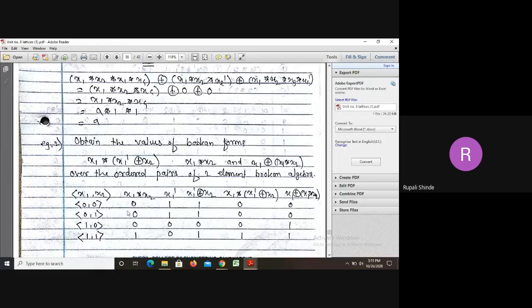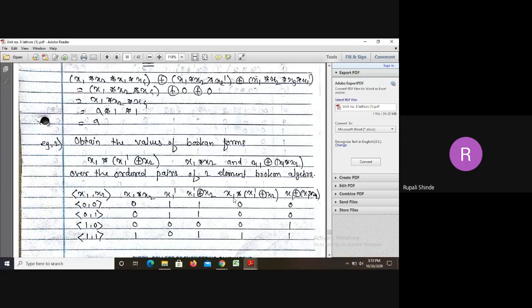Means what? If both the values are 0, then only you will get final value as 0. Otherwise, it is 1. So first one is 0, 1, so value is 1. Next, 1, 1. Value is 1. Then 0, 0. So its value is 0. And then 1, 0. Again, value is 1.